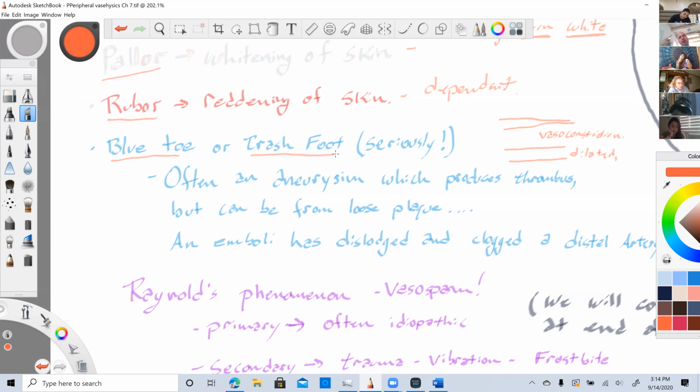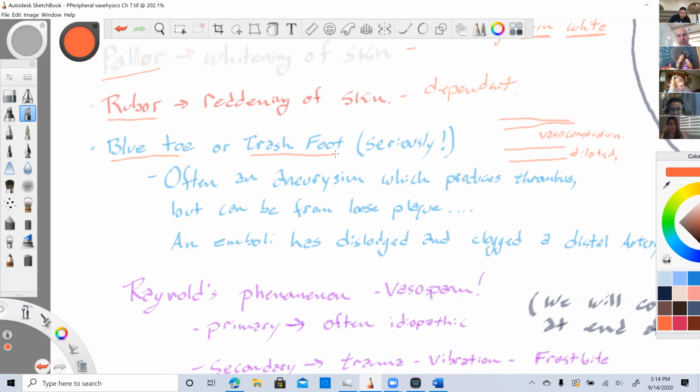And we know that with aneurysms, because the blood comes in and expands and suddenly swirls around and slows down, people can get thrombus in arteries in certain cases, and a large enough aneurysm is a case. So sometimes it's thrombus that can cause blue toe or trash foot.